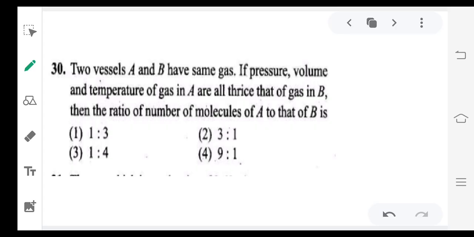So in one vessel there is gas A, in another vessel there is gas B, and compared to gas B, the parameters like pressure, temperature and volume of gas A are 3 times more. They are asking the ratio of number of molecules of A to that of B.